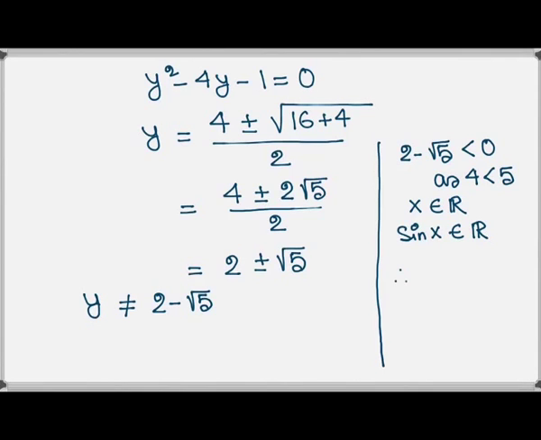So therefore e to the power sin x is strictly bigger than 0 for any real number x. So here, as y is equal to e to the power sin x, y cannot be equal to 2 minus square root of 5, as 2 minus square root of 5 is strictly less than 0. So the only possible choice for y is equal to 2 plus square root of 5.